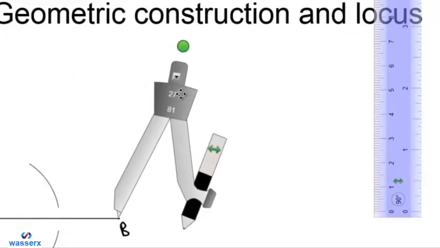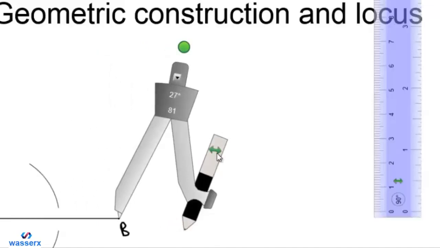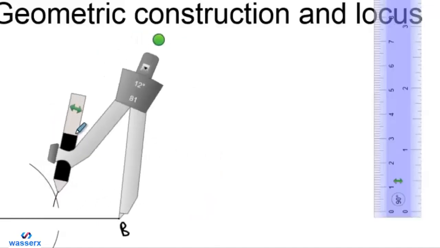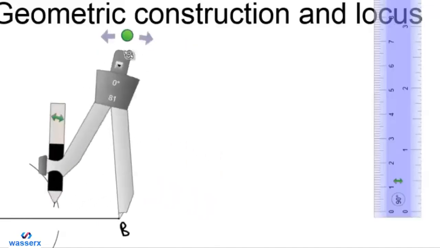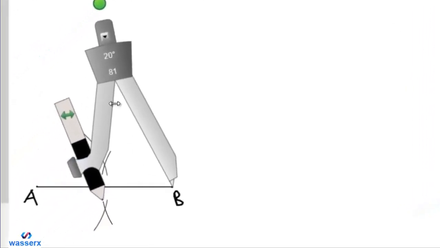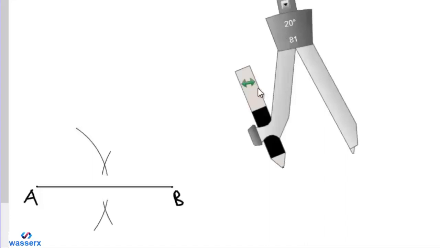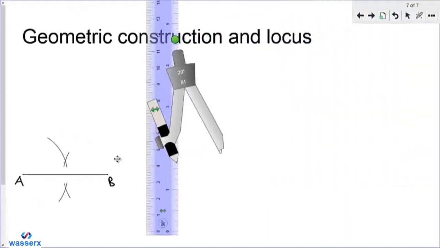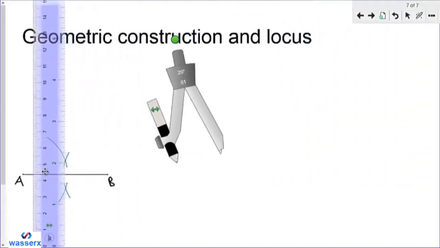Then maintaining the same radius, we move to B and draw an arc to intersect the first arcs. Now we've gotten 2 points. If we connect these 2 points with a straight line, then we have gotten the locus of points that is equidistant from A and B.